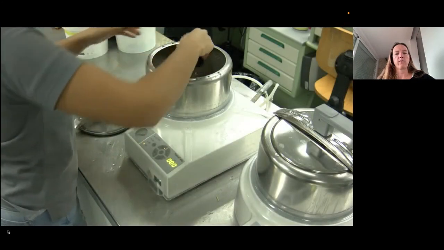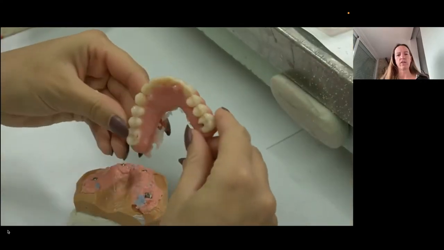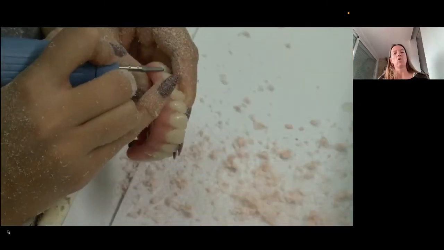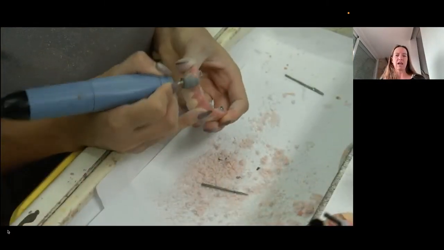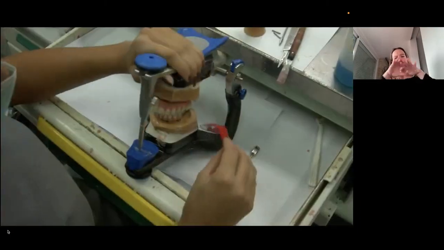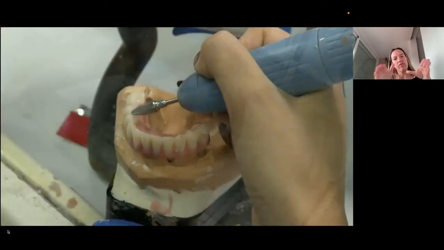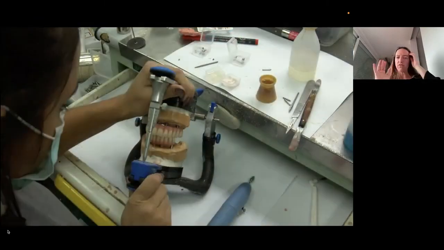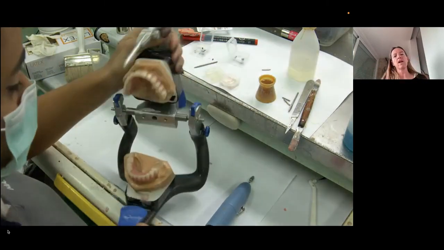Now we are going to take it out and finish everything. So we take away, as you can see, all the gingiva from the palatal side. We make our prosthesis convex, or basically straight, never concave, so a little bit convex.